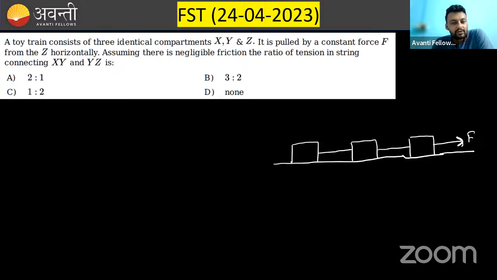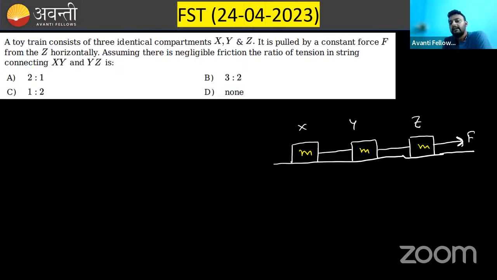Assuming there is negligible friction, the ratio of tension in the string. So three compartments X, Y, and Z. These are three identical compartments, let's suppose the mass of each is small m.